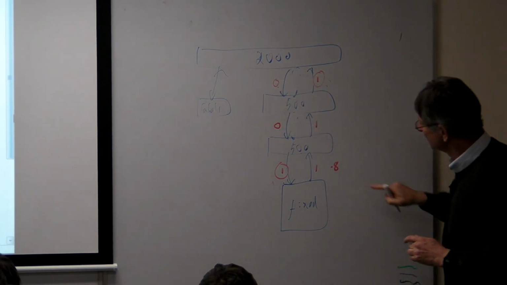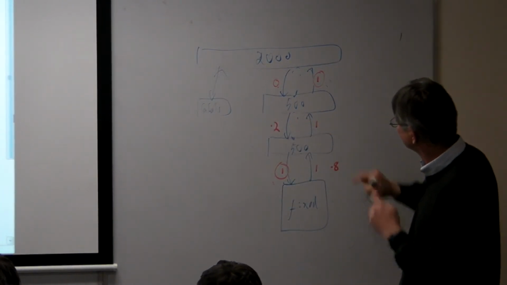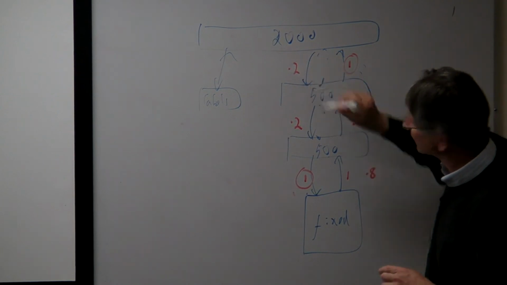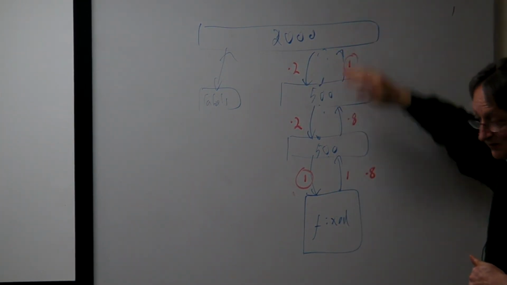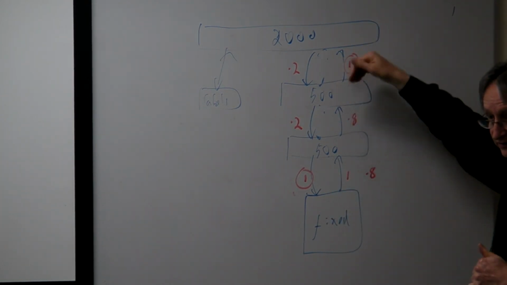Now you do 0.8 of this and 0.2 of that. So what's happening is you do a pure bottom-up pass to initialize everything based on the data, and then you start adding in top-down information.